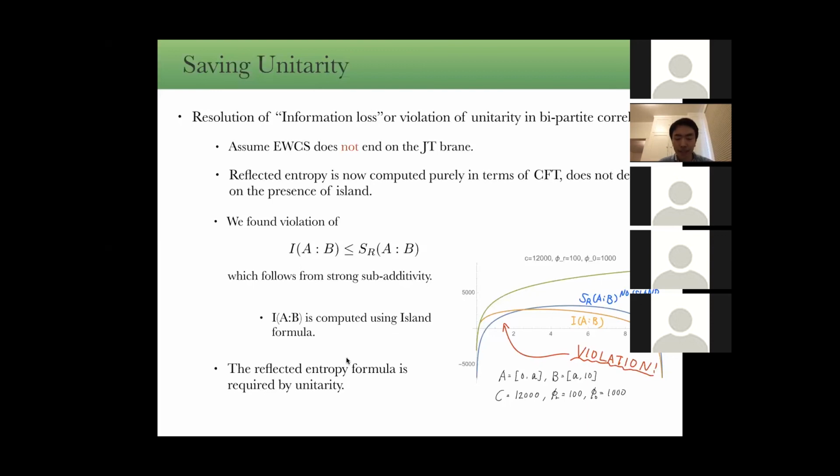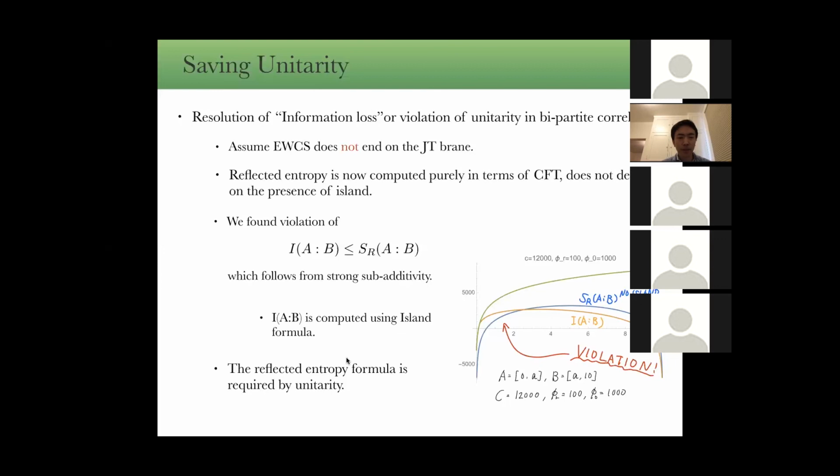Masamichi? Yes. I didn't understand quite that last step. I thought strong subadditivity was just a property of quantum mechanics. Like it was a property of quantum states. So how's that related to unitarity? It also assumes the positivity of the Hilbert space.